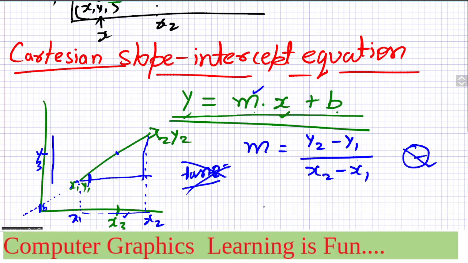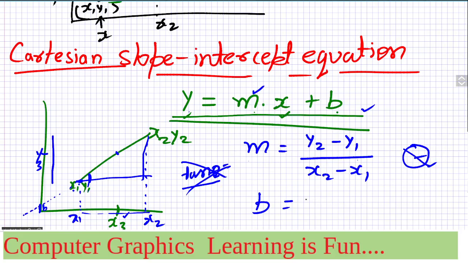After m, we also have to find the b. Now what do you think b will be? From this equation, what can b be? Suppose we are thinking about this point. For this point, x is known, y is known, and m is already known.